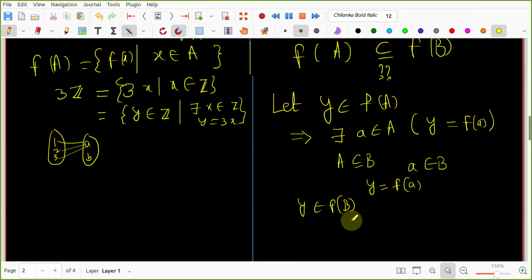That is also there. I hope you all understood, right? Not all of them are thinking in the same way. So the good question too is that f of A is a subset of f of B.